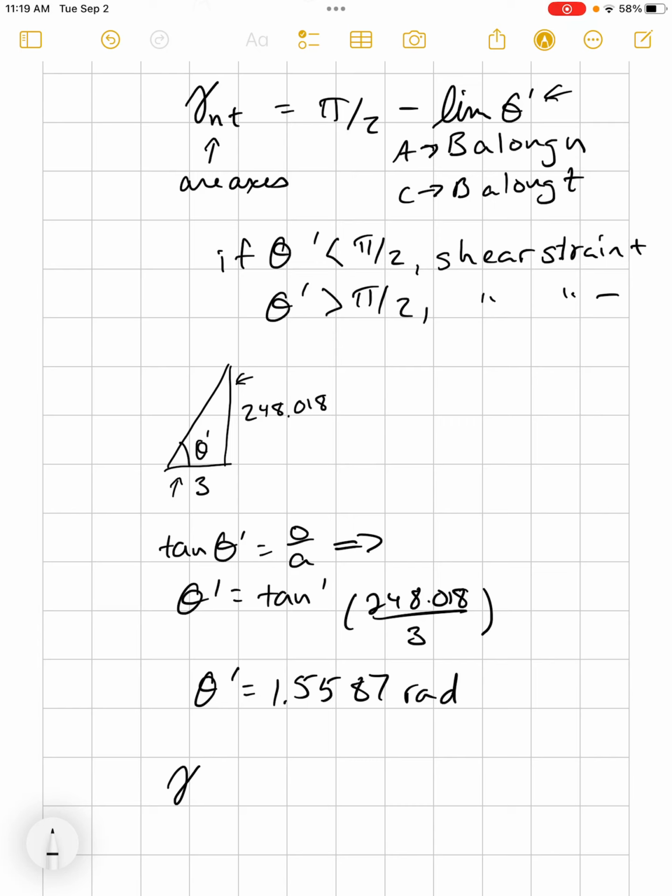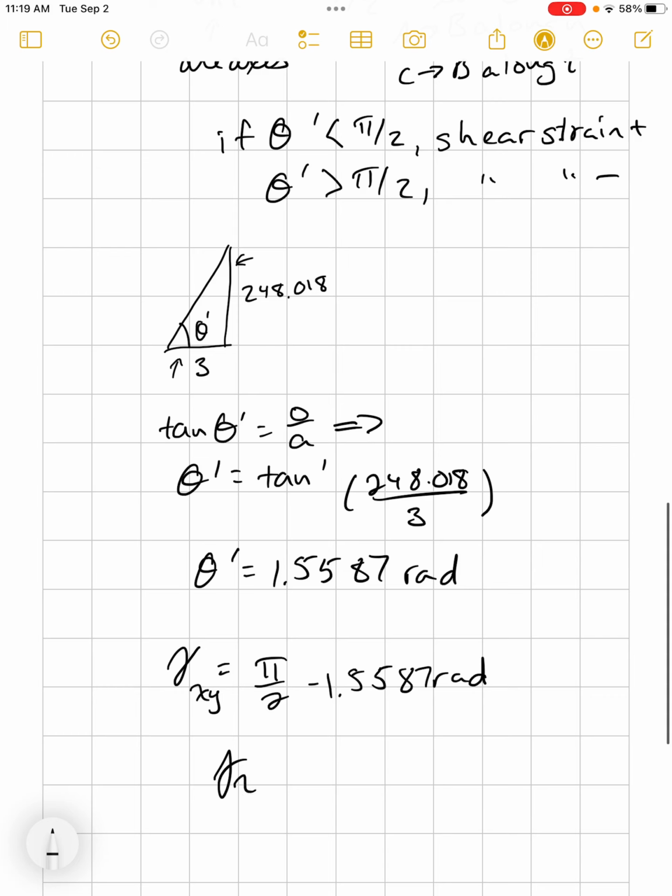Okay, so our shear strain, not stress, our shear strain will be equal to, on the xy axis, pi over 2 minus 1.5587 radians, which ends up being equal to 0.0121 radians, or if you like thinking in degrees, this is 0.693 degrees.